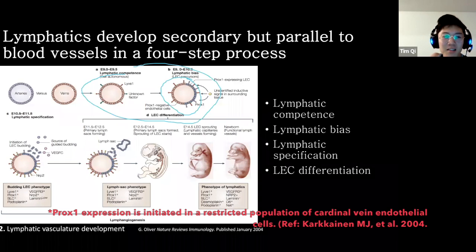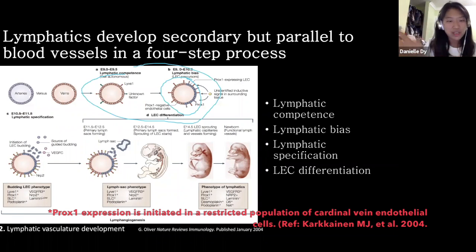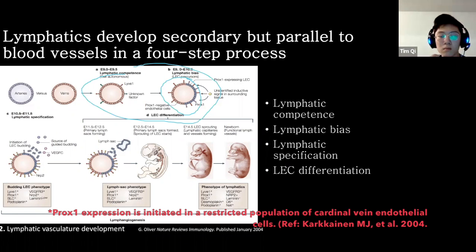All I know is that the importance of what I was trying to get to was that this specific factor, PROX1, is expressed on one side, which is why you see the budding coming off of one end as opposed to the other. That's why you see the growth. When you talk about lymphangiogenesis, it'll bud off at a certain point, and it only stems from where the expression of that PROX1 is coming from. Gotcha. Okay, thanks.